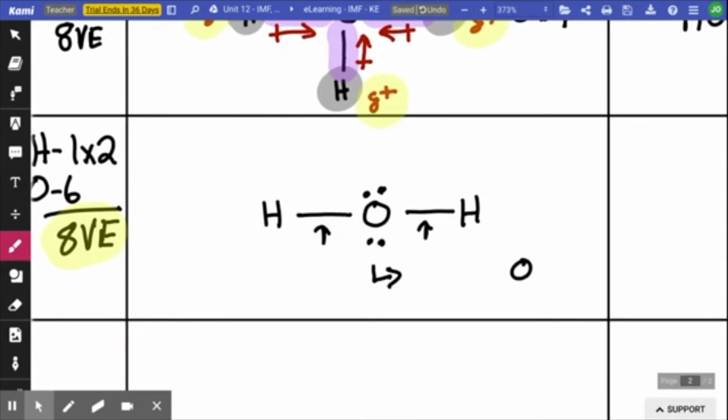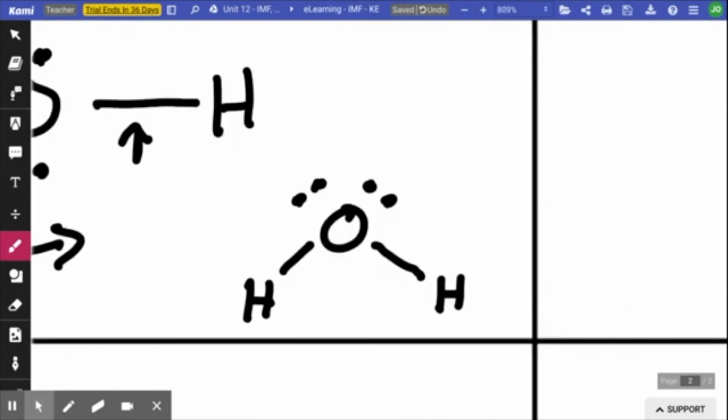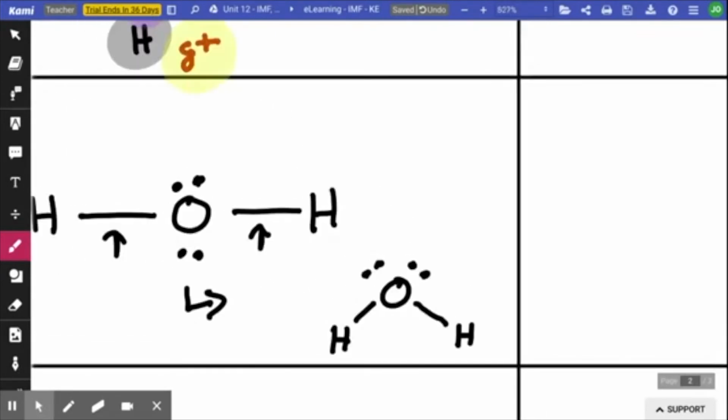You've got your oxygen with the valence electrons bonded with it, and those are going to push away from those 2 hydrogens. And so this is the shape that we would actually get. Okay, so bent.